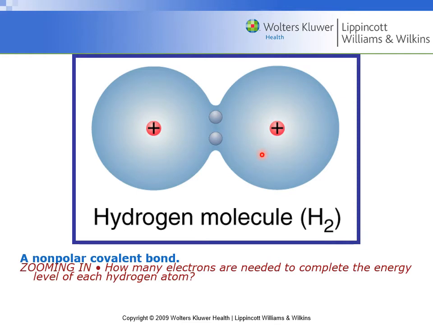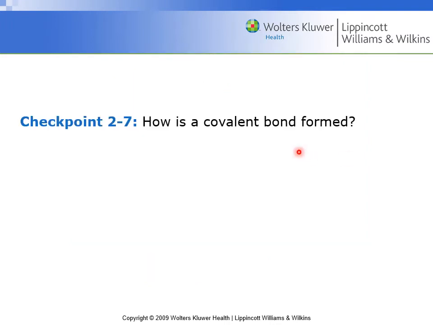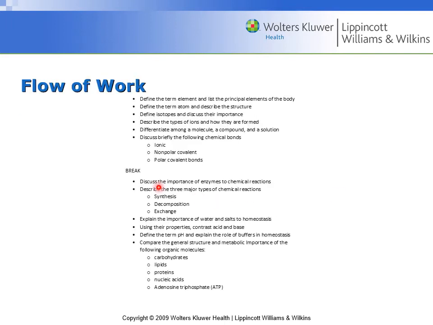This hydrogen molecule is an example of a non-polar bond because both atoms are equal. So the electrons will be shared equally between both of these elements. Right? Covalent bond, sharing of electrons, and again, why do they share electrons? To attain stability.